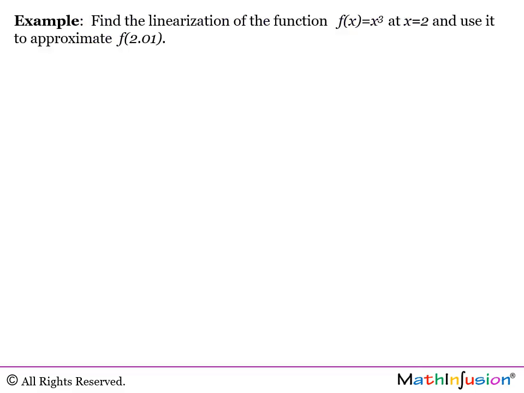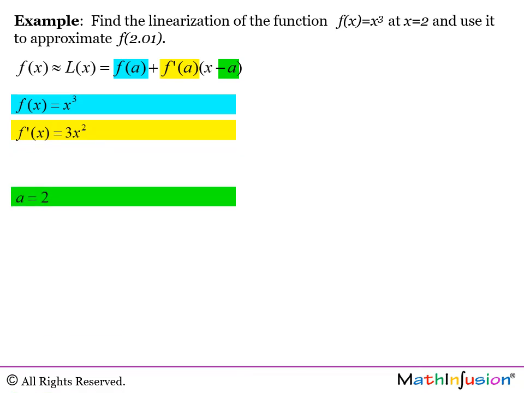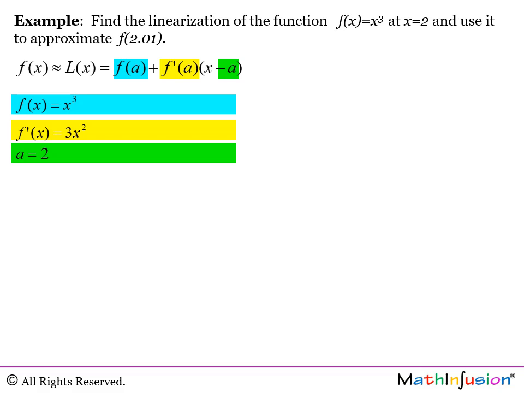Example: find the linearization of the function f(x) equals x cubed at x equals 2 and use it to approximate f of 2.01. The function is x cubed. The derivative is 3x to the power of 2. The value a is 2. Now we have to substitute 2 in the function.